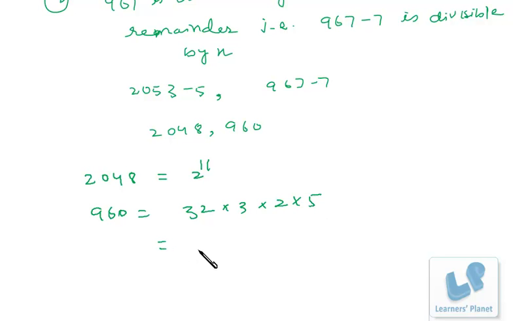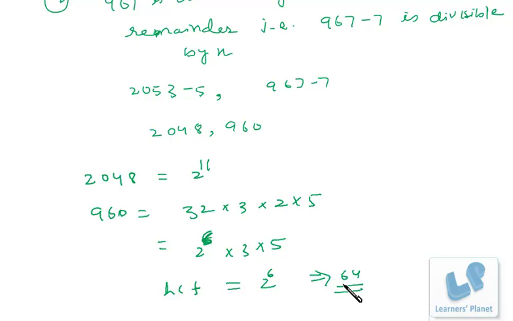So it's 2 raised to 6 into 3 into 5, right? So these are the factors of 960 and these are the factors of 2048. So HCF will be, what number is common? That is 2. And what is the least power of 2? That is 6. So HCF is 2 raised to 6, that means 64, right?